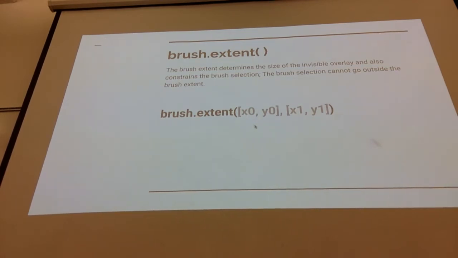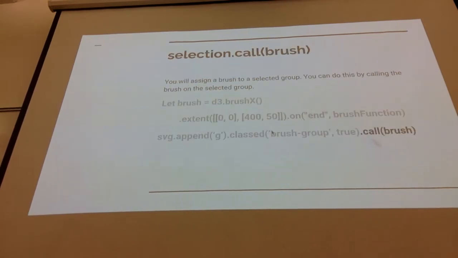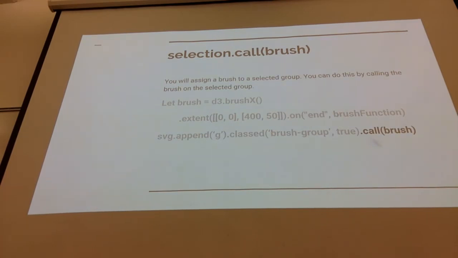The extent takes the initial x0, y0, x1, y1, where x0, y0 is the top left and x1, y1 is the bottom right. Like I said, you're going to call brush.